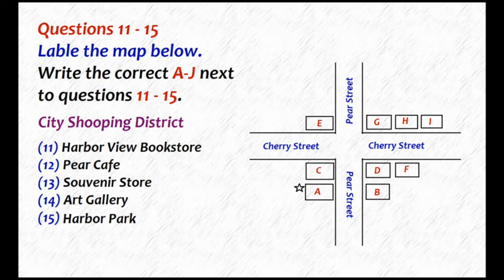Let's start our tour here on Pear Street, where the star is. This star marks the Harbor View bookstore. It's very popular among locals as well as tourists. You can buy a range of books of local interest, as well as a variety of magazines and newspapers.